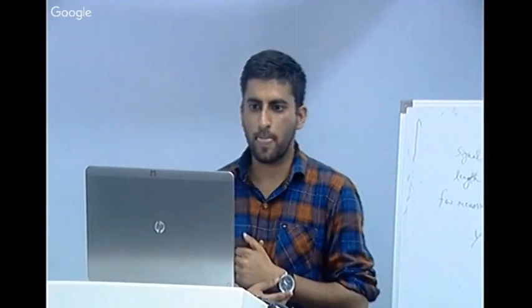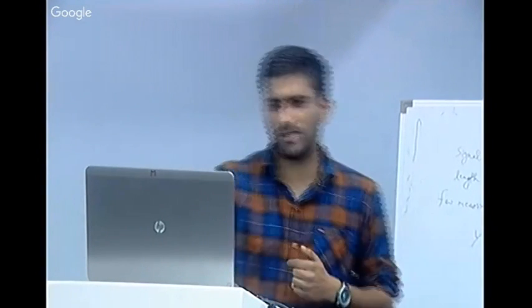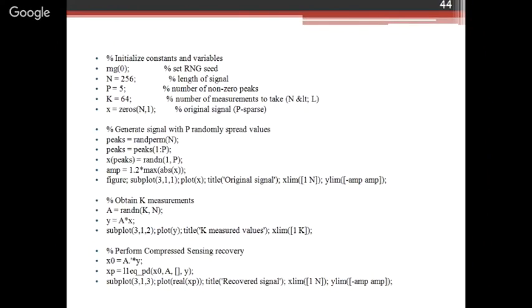Okay, so first of all, as you see in the generate signal with p randomly spread values, those peaks have been generated randomly, 5 peaks corresponding to that 256 values, and then we obtain the k measurements, that is basically y, in order to represent it with the fewer values. As you see, randn, that is the random function which has been used here, and we have just put the k and the n there. Okay, that means with that random probability function, I am trying to generate 64 measurements corresponding to the 256 values.